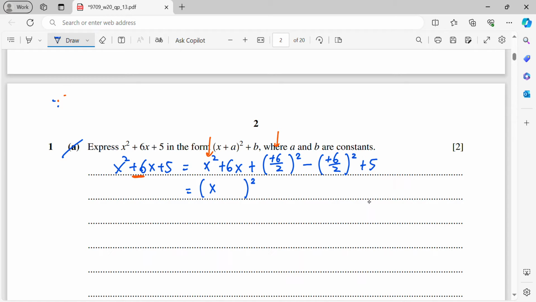For the third term, inside the bracket it is plus 6 over 2, that means it is plus 3. Just write plus 3 over here, then minus 3 squared plus 5. Therefore, this is (x plus 3) squared minus 4. 3 squared is 9, so minus 9 plus 5, you get minus 4. So done for 1a.